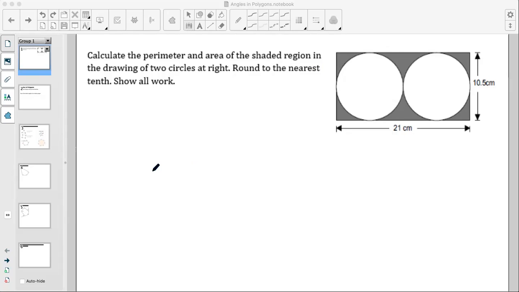Every parallelogram has congruent... I don't know the best way to say this. Maybe I'll say opposite sides are congruent. These are characteristics of every parallelogram.